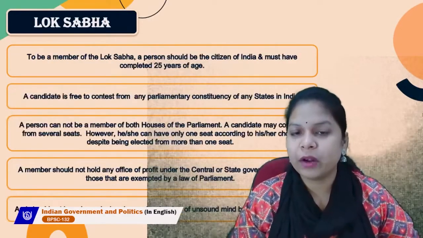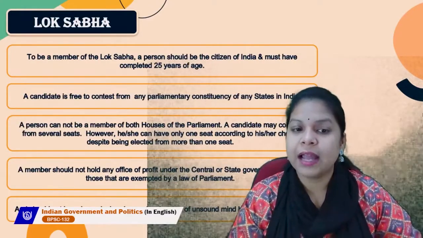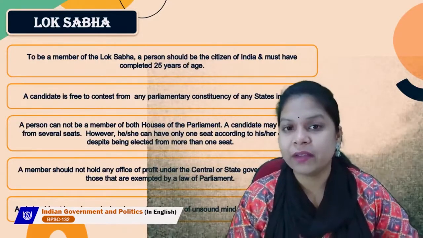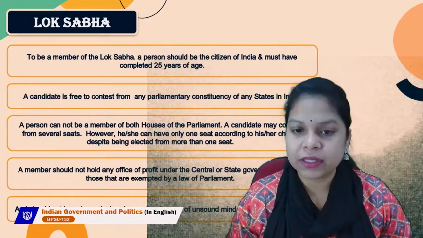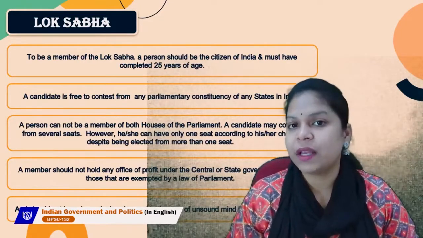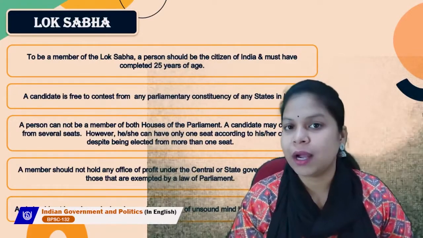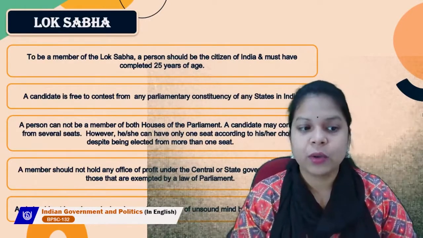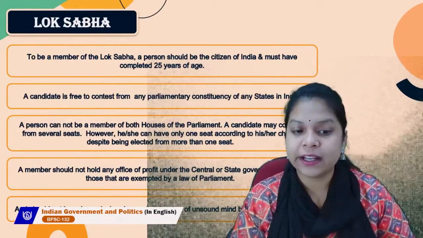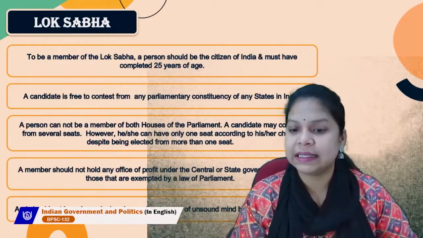To be a member of the Lok Sabha, a person should be a citizen of India and must have completed 25 years of age. So, to become a member of Lok Sabha, a person must be a citizen of India, and the minimum age to contest the Lok Sabha elections is 25 years. A candidate is free to contest from any parliamentary constituency of any state in India.